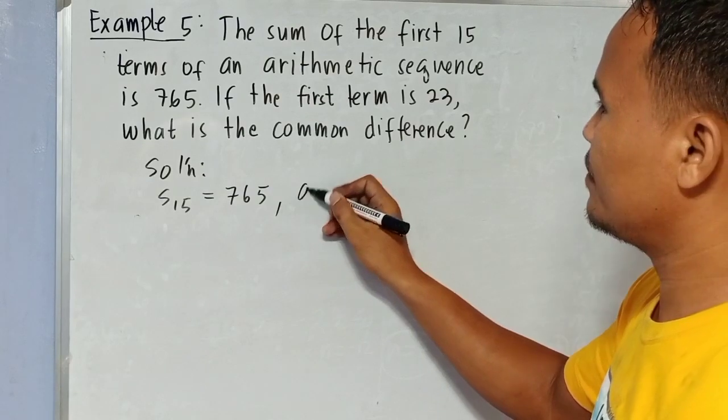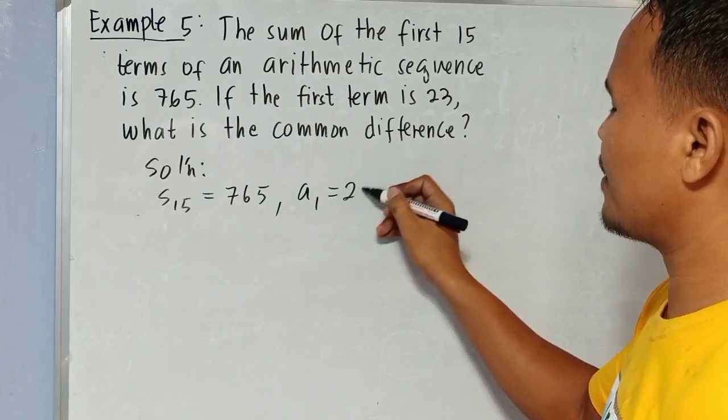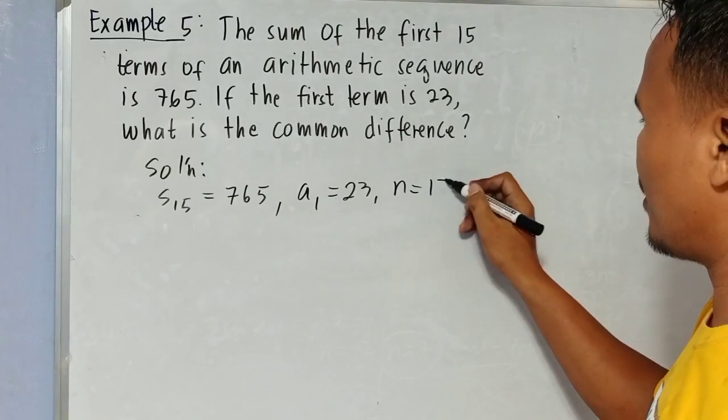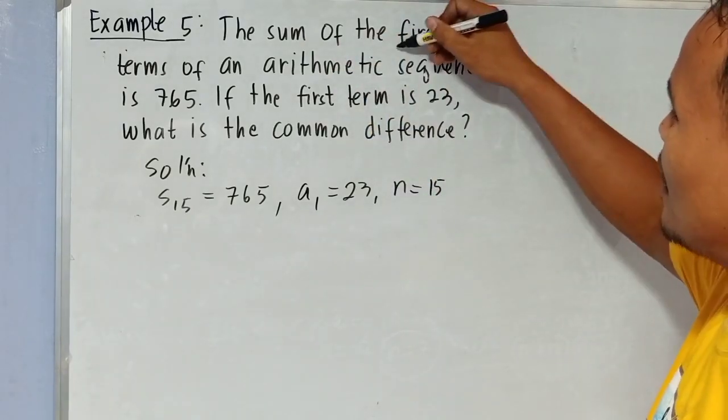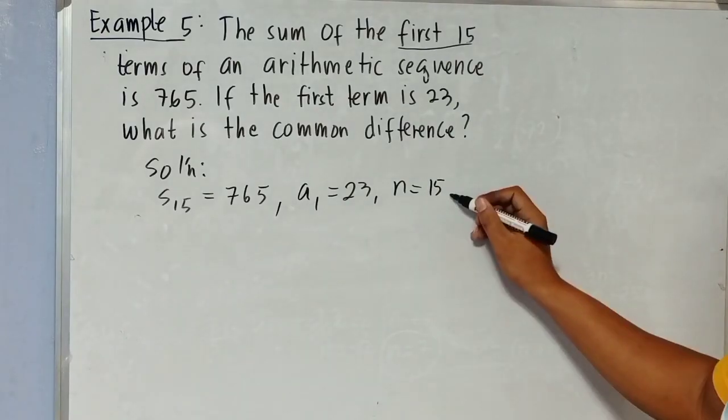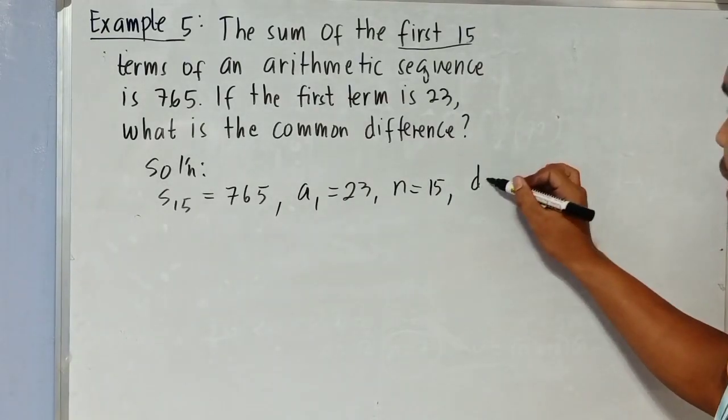And the first term is equal to 23. So n is equal to 15 because there is a sum of the first 15 terms. So what is asked in the problem is the common difference.